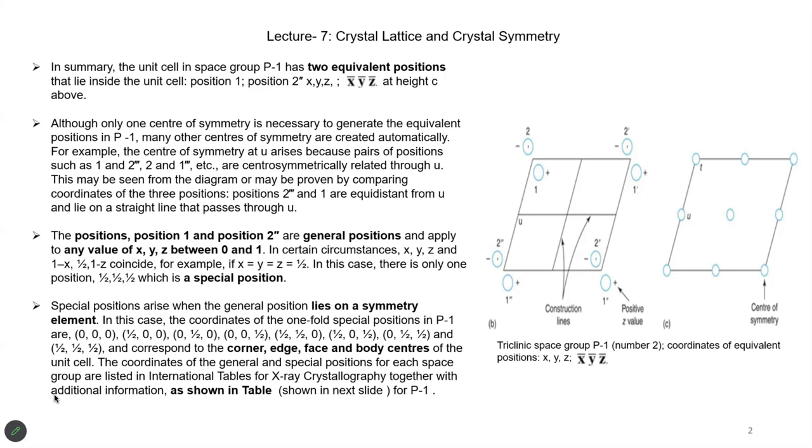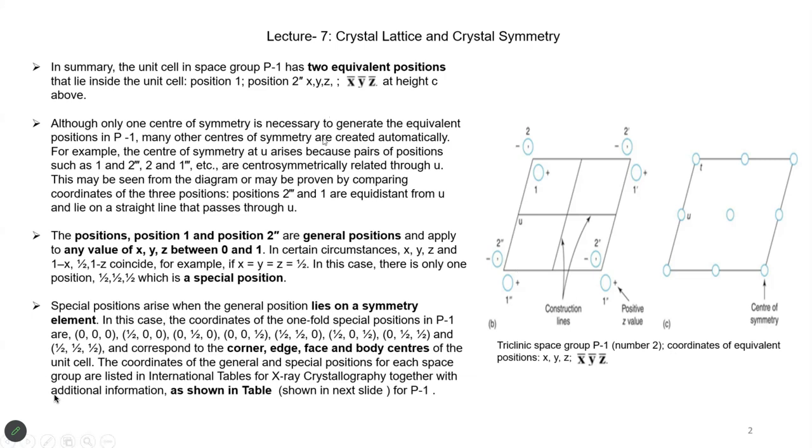So we were discussing this space group, showing you on the right of the figure the center of symmetry or space elements, and on the left the equivalent positions of that particular space group.